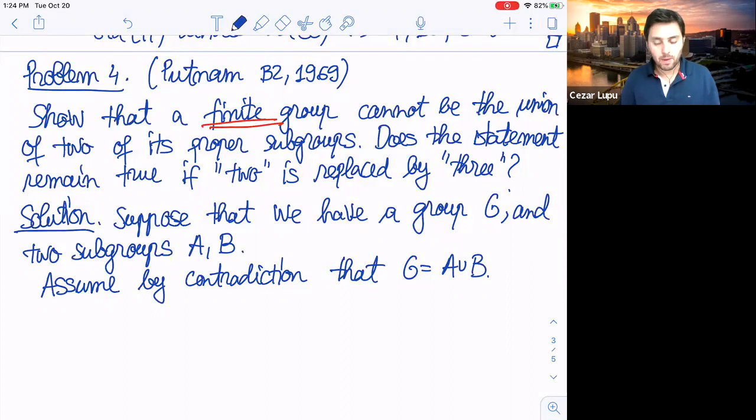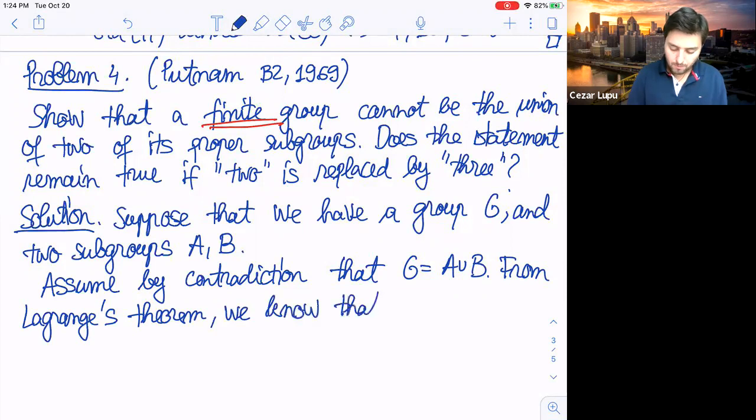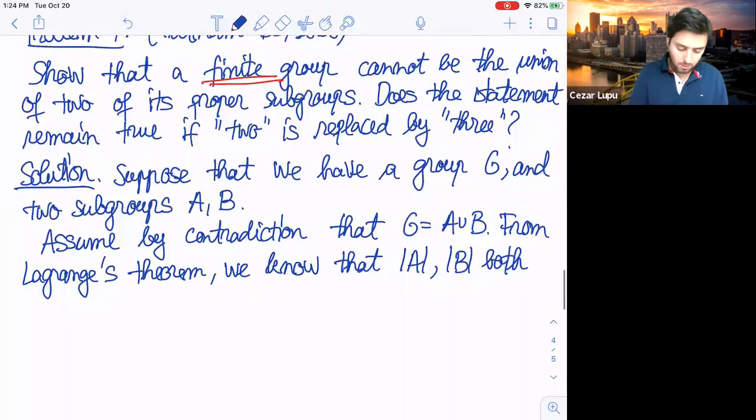But let's keep in mind one thing. From Lagrange's theorem, we know that the order of A and the order of B both divide the order of G, right? That's what we know.